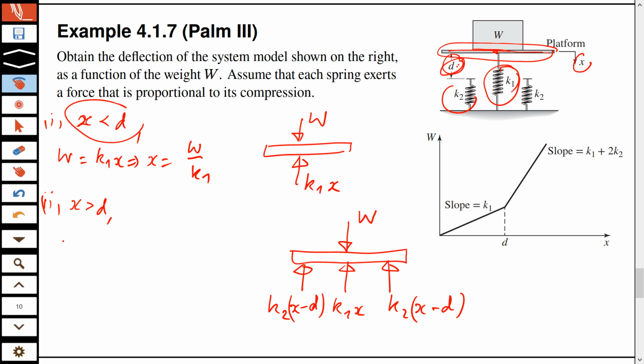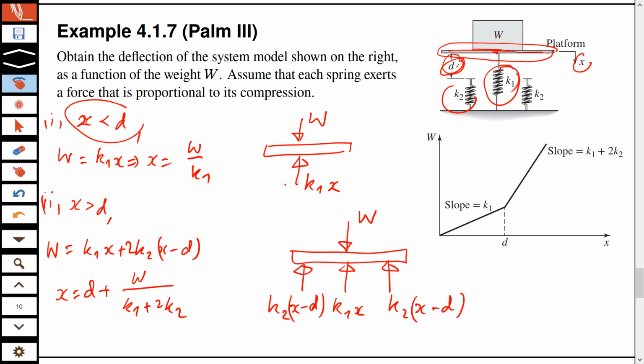So now if you write the force balance, W will be equal to K1x plus K2 times x minus d, और चूंकि दो दफा आ रहा है तो it's twice. So x in this case will be equal to d plus W over K1 plus twice K2.